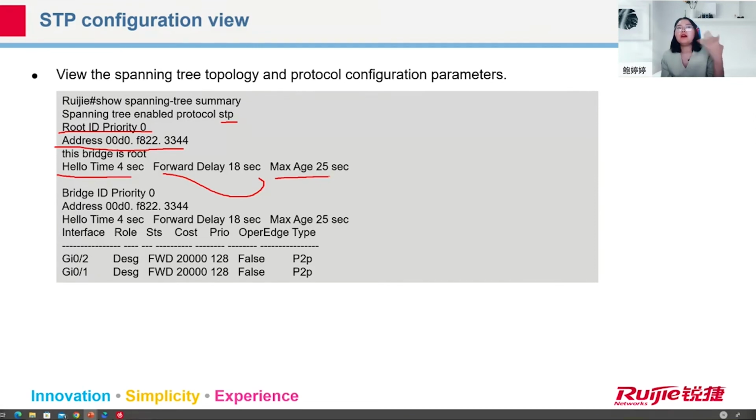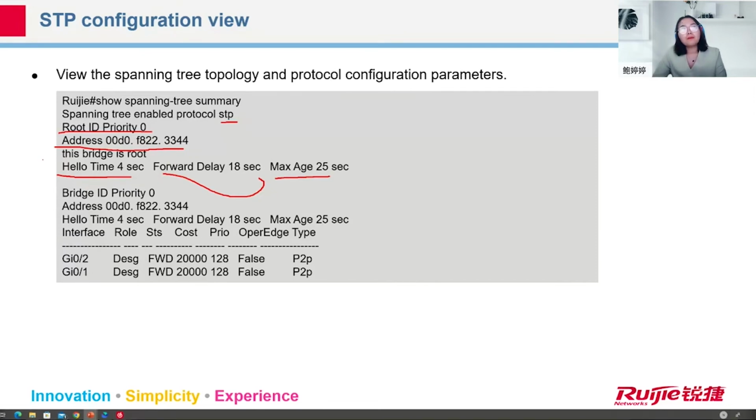But in this scenario, if your network is stable and the link will never be broken, it's better, because you only send out the BPDU once every 4 seconds. If the hello time is 2 seconds, you also need the resources to transfer the BPDU every 2 seconds. So depending on your real network, a longer or shorter time may be better. Okay, so this is the time difference.